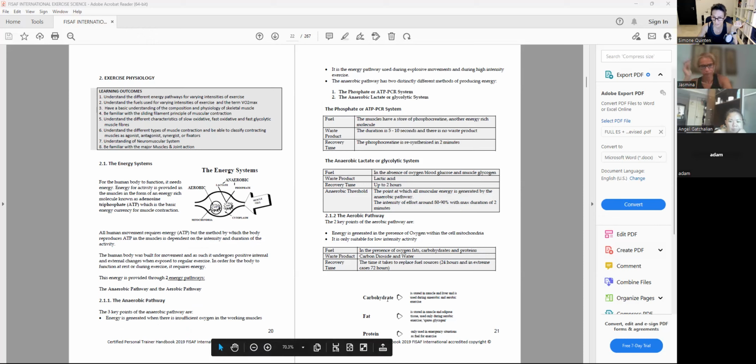Carbohydrate is the first one your body will use as energy, and then it will be using fat. Carbohydrate comes in the form of blood sugar, muscle glycogen, or liver glycogen. Once this one is depleted, your body is going to convert fat for energy, okay? And protein only in emergency situations.